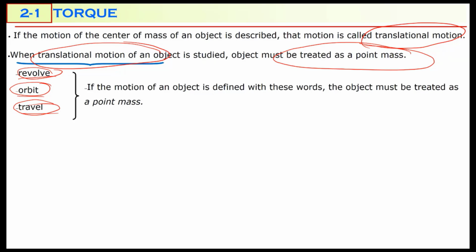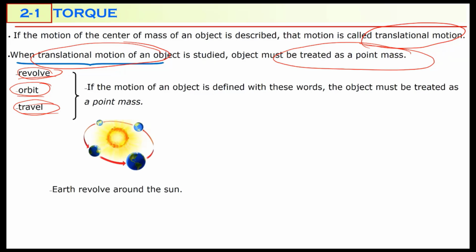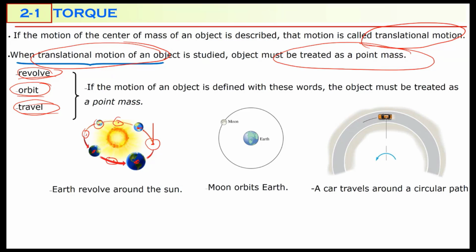For example, one sentence: Earth revolves around the sun. So it is defining the translational motion, and we only concentrate on the path followed by the Earth's center. That's why revolving is referring to translational motion.